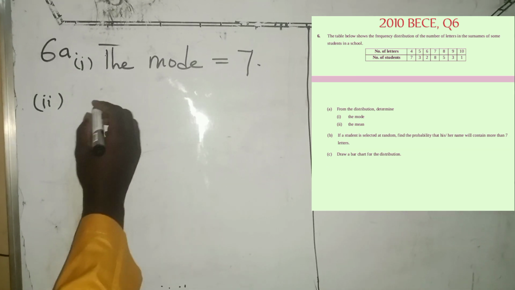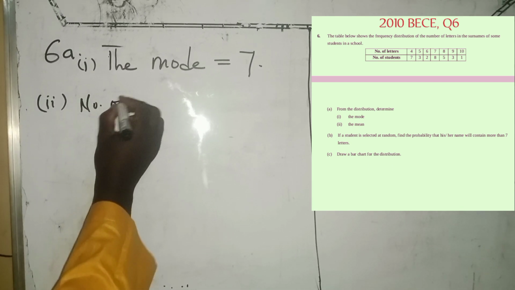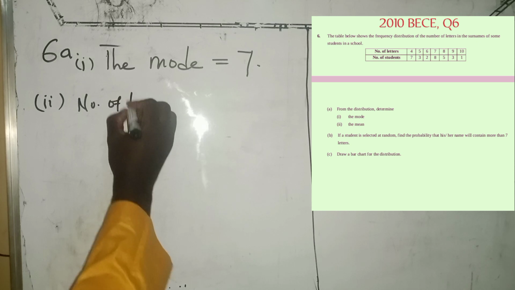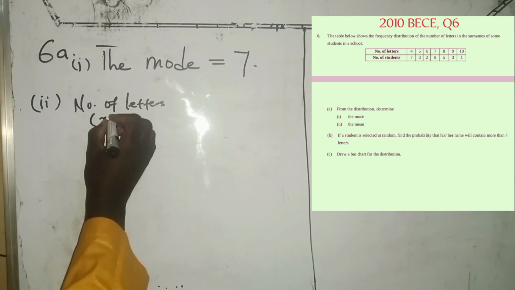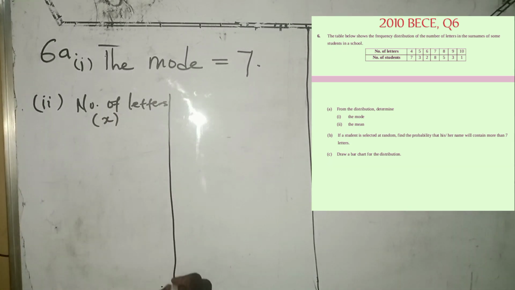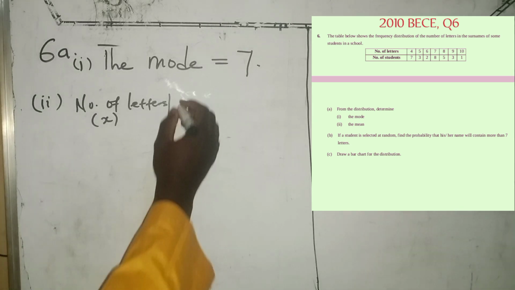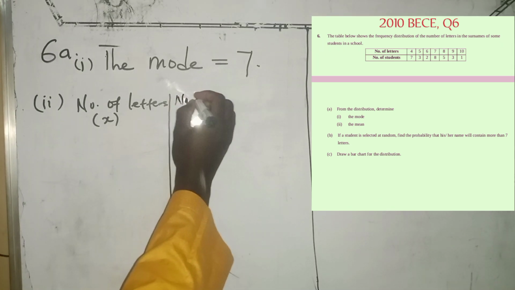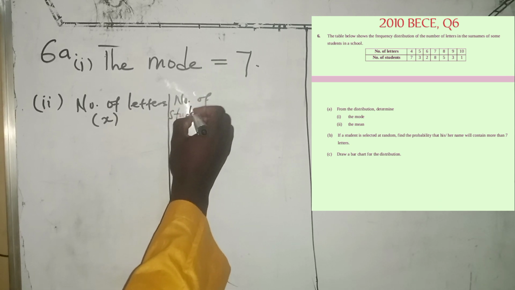So we have number of letters. The number of letters, that's x. And the next one will be the number of students. I'm just abbreviating number.